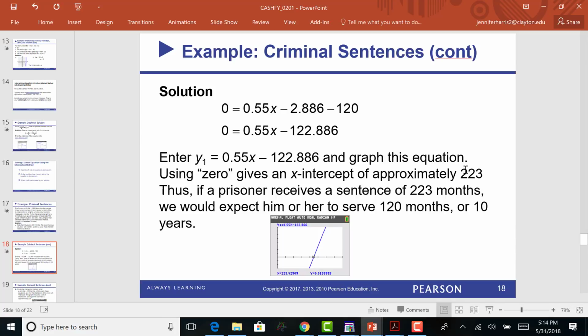Again, if this prisoner receives a 223-month sentence, we would expect he or she served what? 120 months, 10 years. So they kind of serve half the time? Yeah, almost. Okay, questions?